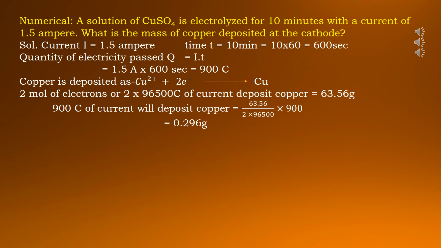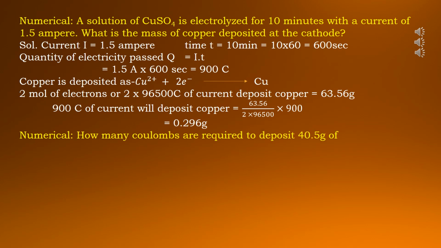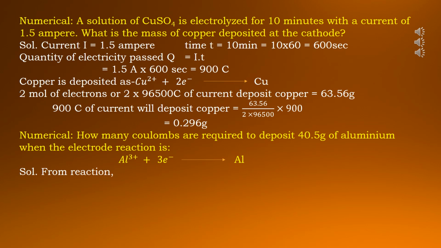Let's solve one more numerical. How many coulombs of charge are required to deposit 40.5 gram of aluminium when the electrode reaction is Al3+ by gaining 3 electrons changes to Al solid? So from the reaction, it is clear that 1 mole of aluminium requires 3 mole of electrons or 3 into 96500 coulomb of charge.